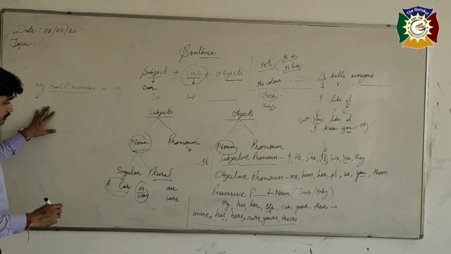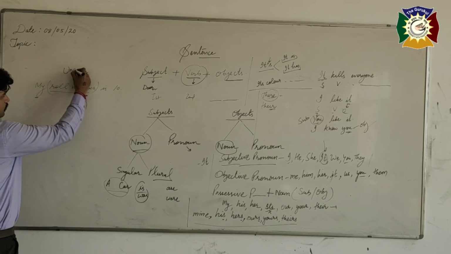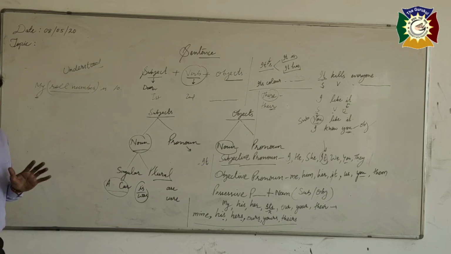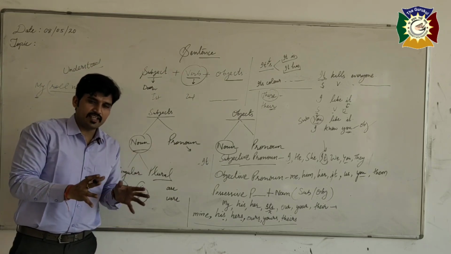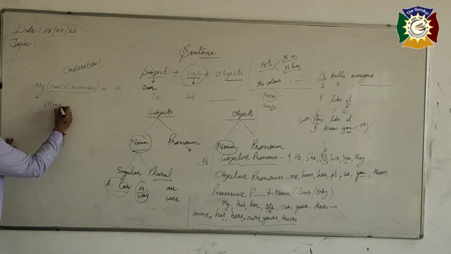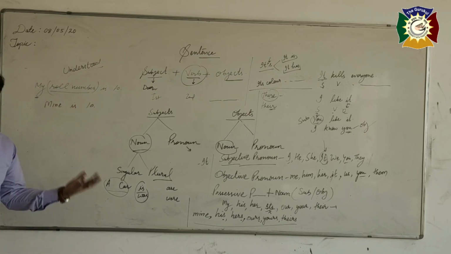For example, suppose this roll number is understood, meaning we don't want to use this word, but I want to address the same thing. So I will say mine is 10. It means my roll number.